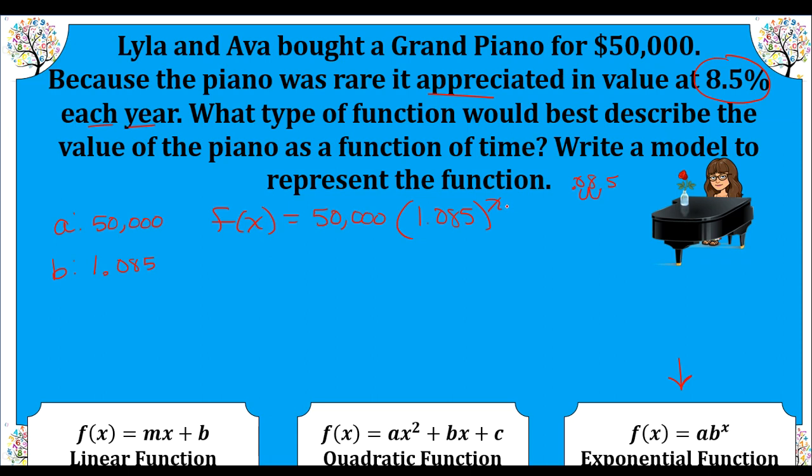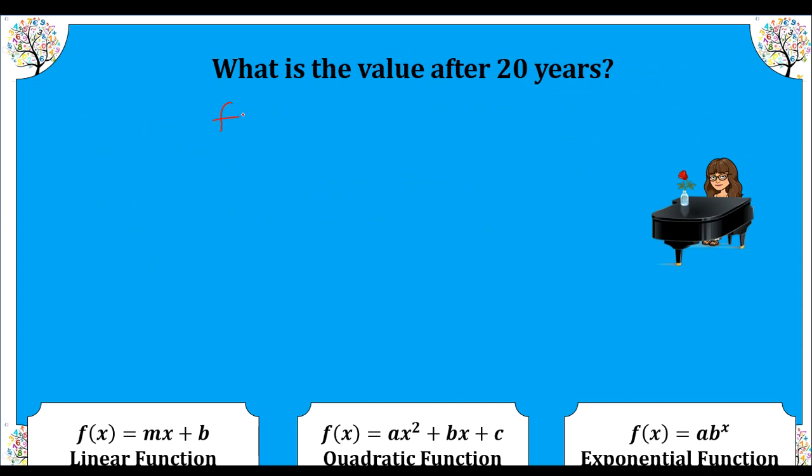So X is going to represent the value at the end of each year. $50,000 times 1.085 to the X at the end of the year in which they've had it. So we're just going to plug in 20.